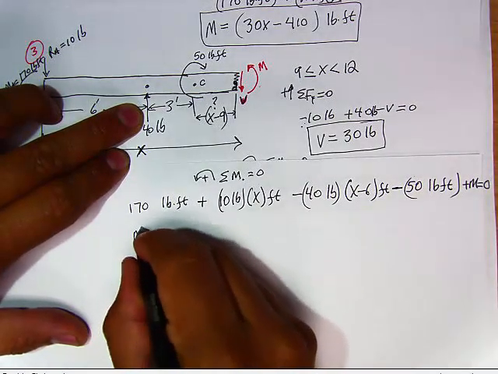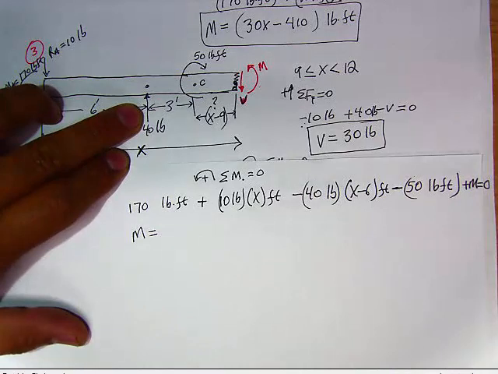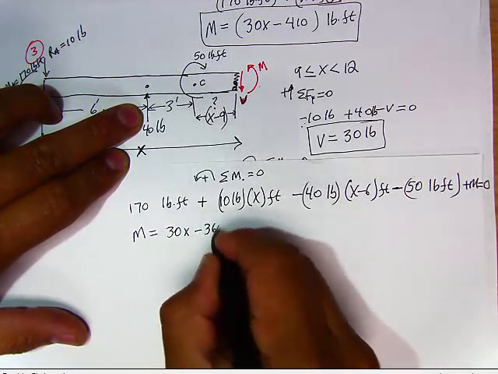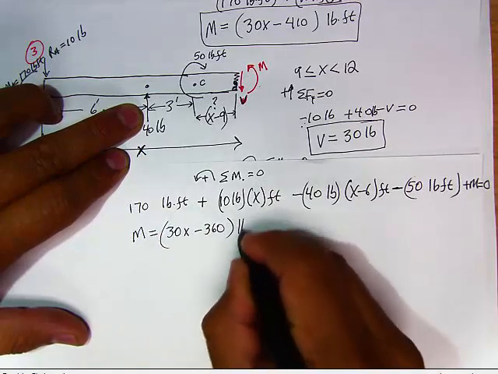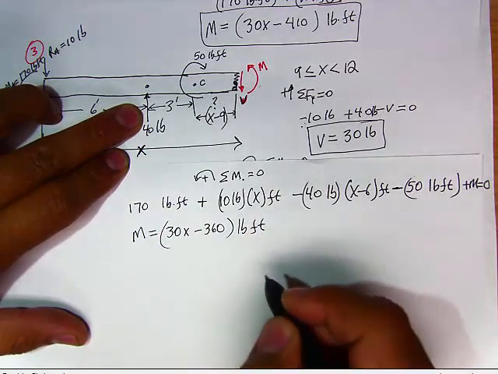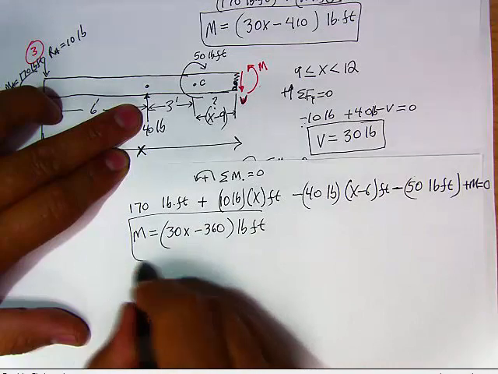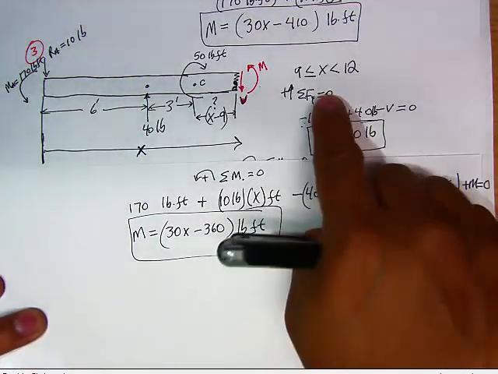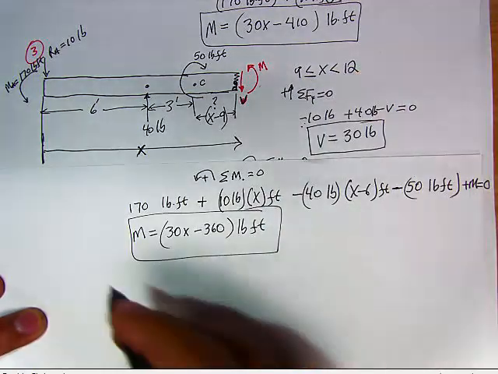When we solve for M, this simplifies to, let's see, 30x minus 360 pound-feet. All right, that's our last of our equations. And again, this is only valid from 9 to 12.